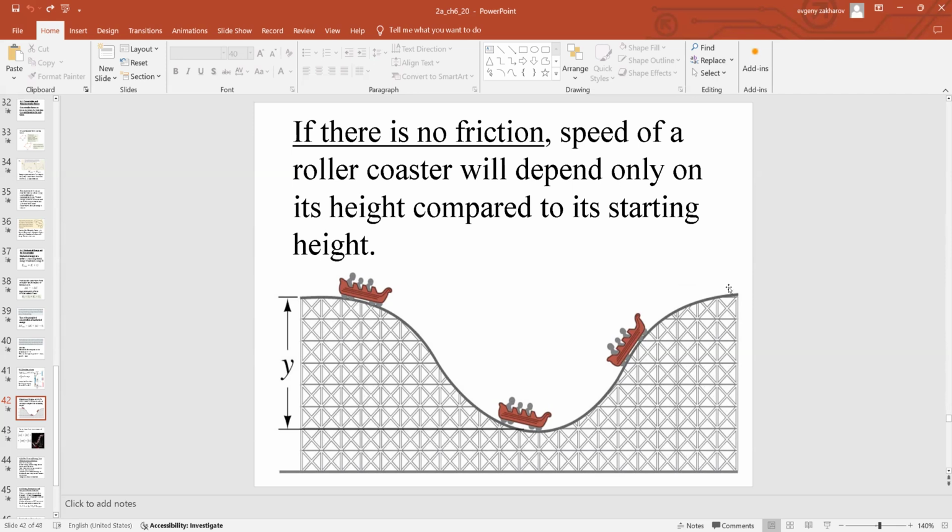But the sum, kinetic plus potential, stays constant for all of the points at any moment of time. K plus U equals K plus U. If there is friction, then you can say K plus U equals K plus U, and for friction, I'll tell you what to do later.